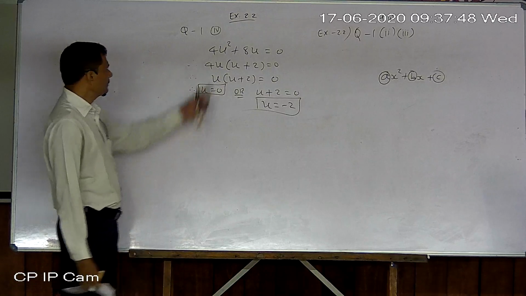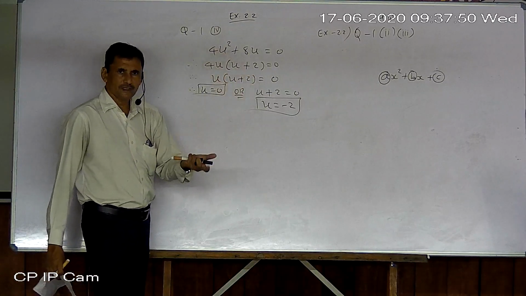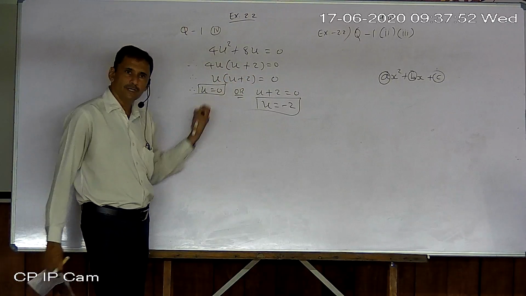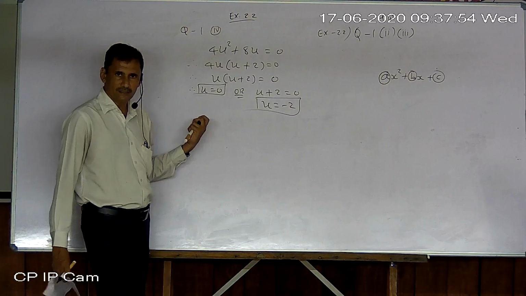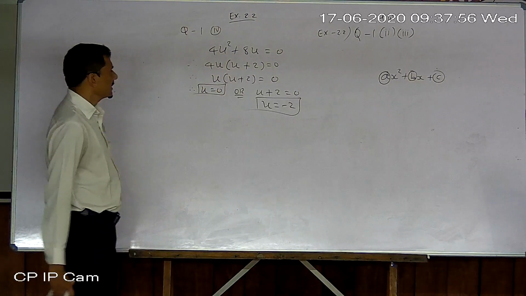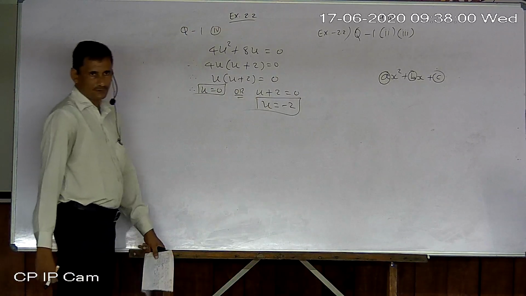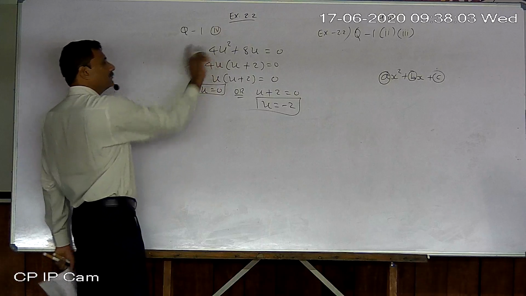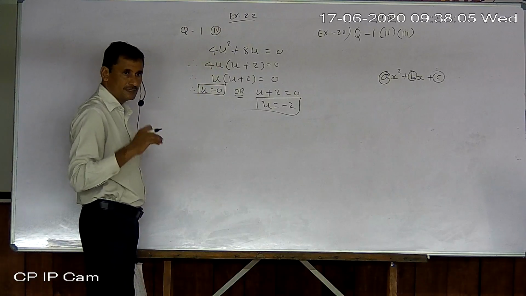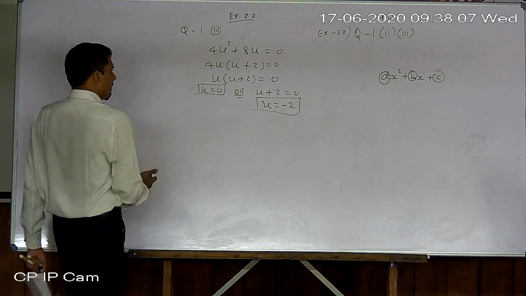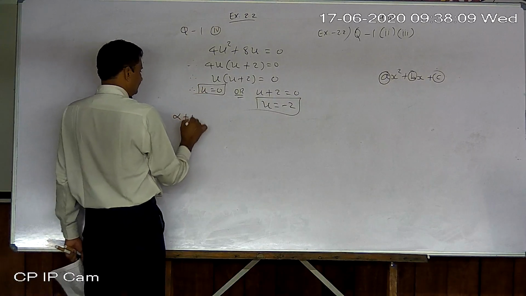Don't be confused by u. Instead of x, any letter of the alphabet can be given here, except y. So again we got 2 zeros, because a quadratic has mostly 2 but not always. It gives a maximum of 2.